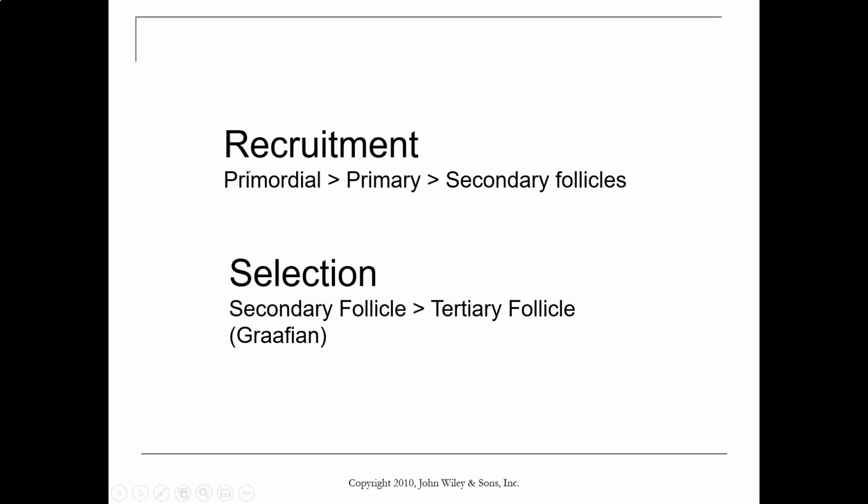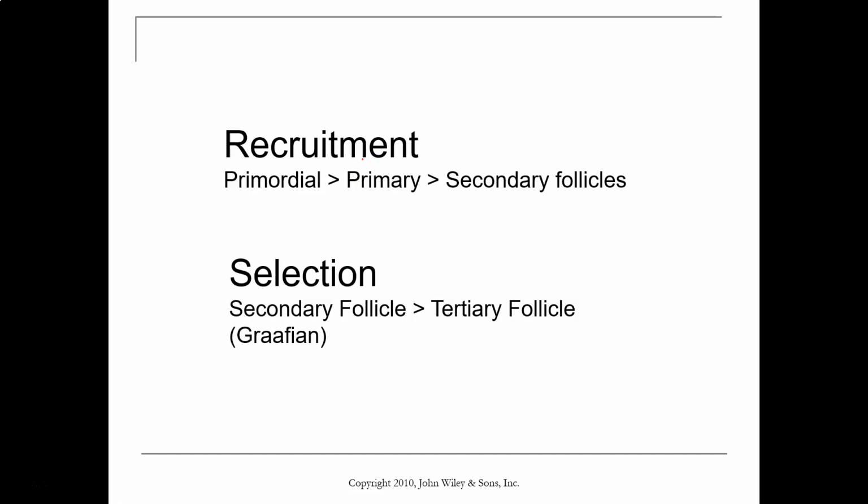So, you will see these terms on your objective sheet, recruitment and selection, to describe them. What do these terms mean, and what would you see in the ovary during the recruitment and selection phase?